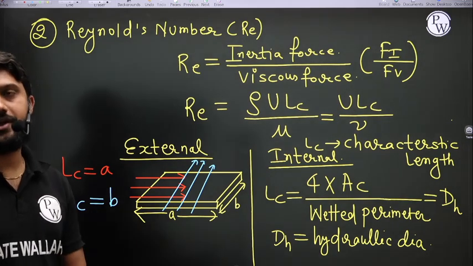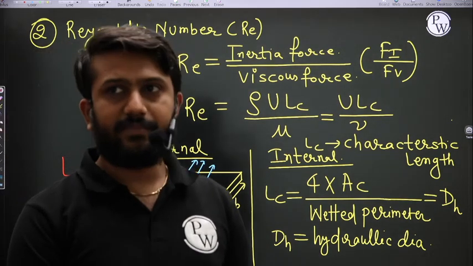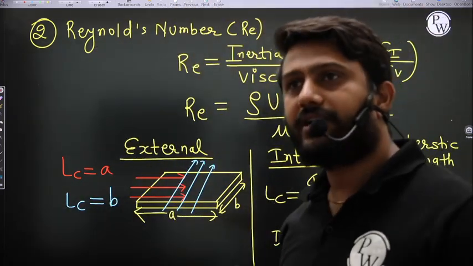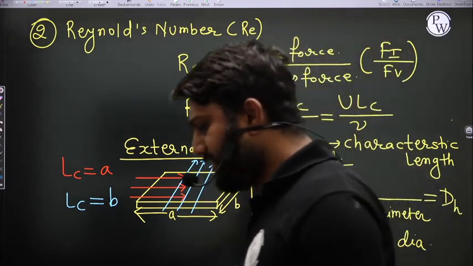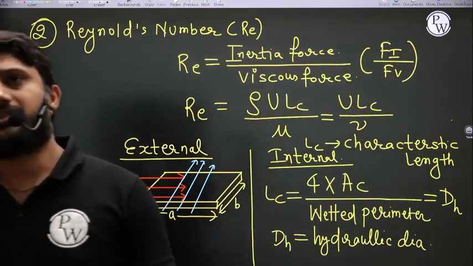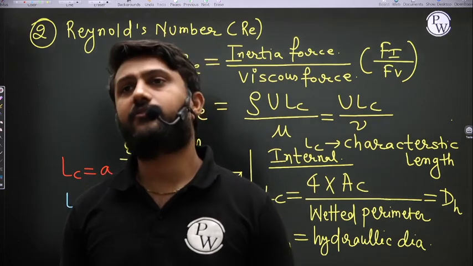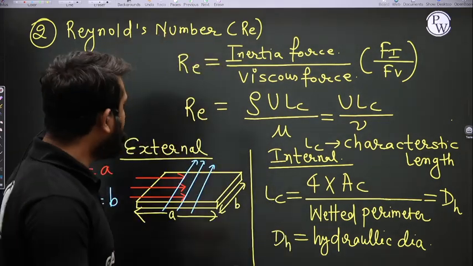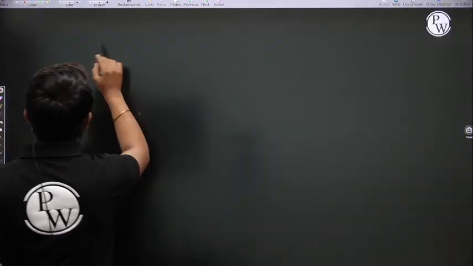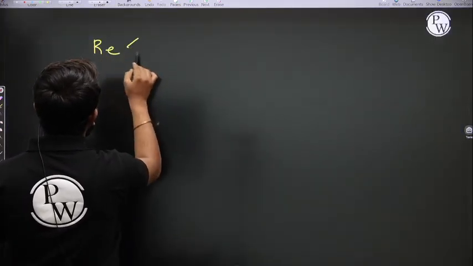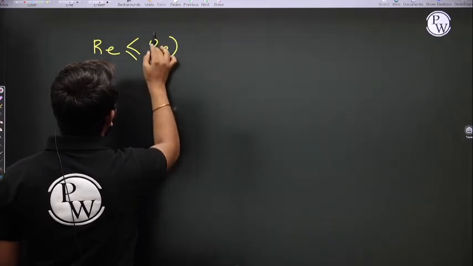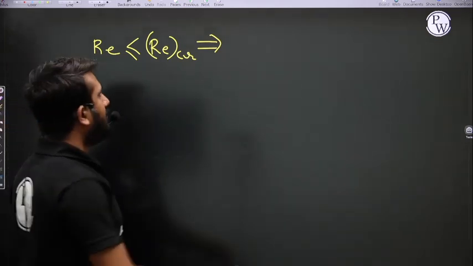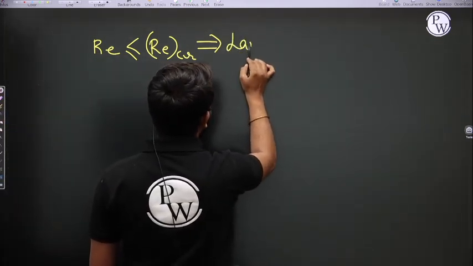So this is the Reynolds number. And what is the significance of the Reynolds number? Actually, Reynolds number tells us whether flow is laminar or turbulent, either internal or external, right? So based on the Reynolds number, we can easily comment whether flow is laminar or turbulent. If the value of Reynolds number is less than or equal to the critical Reynolds number, then you say flow is laminar flow.